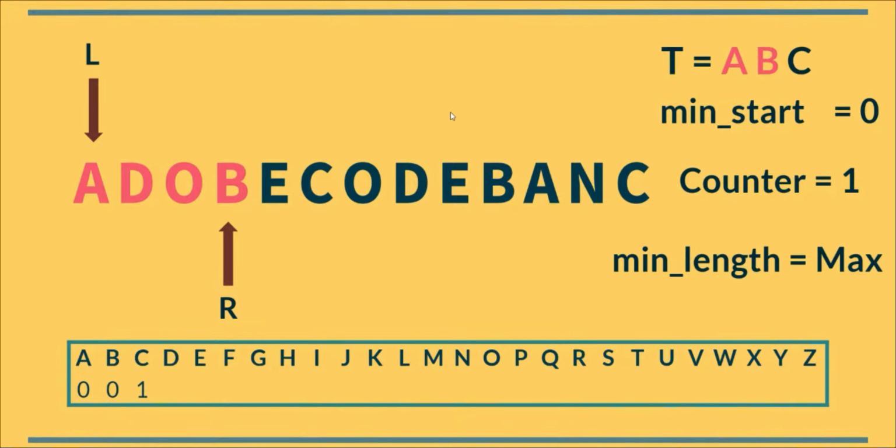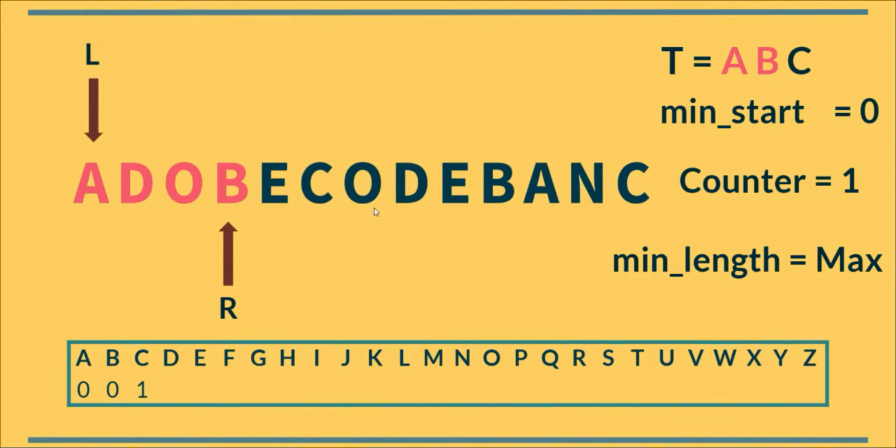And since the value of B in our hash map was a positive value, we need to decrement our counter variable because we have now included a character into the substring which was previously not there. So now our counter variable becomes 1 because we still need to find 1 C for the substring to be valid.